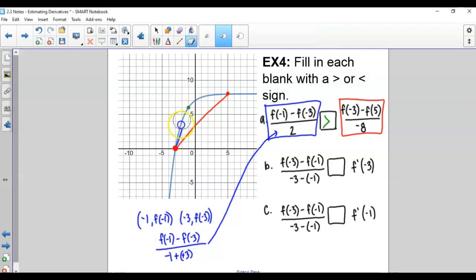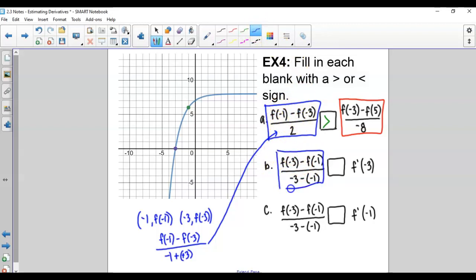All right, I'll erase this so we can see. Let's now look at this. We're asked to find f of -3 minus f of -1 all over -3 minus -1. This is the slope between -3, f of -3, and -1, f of -1. It's really no different than what we have up here. It's that same blue line we were looking at earlier. Then it's asking for f prime of -3.